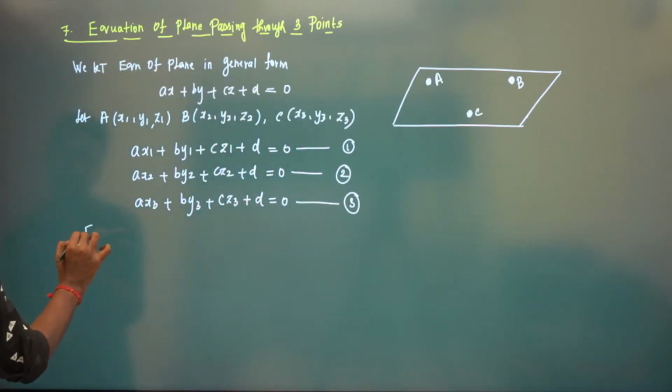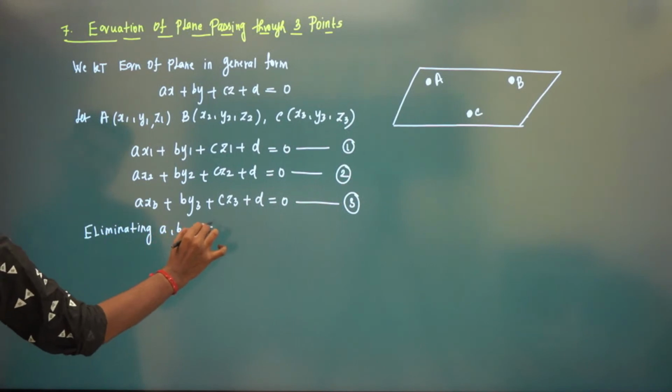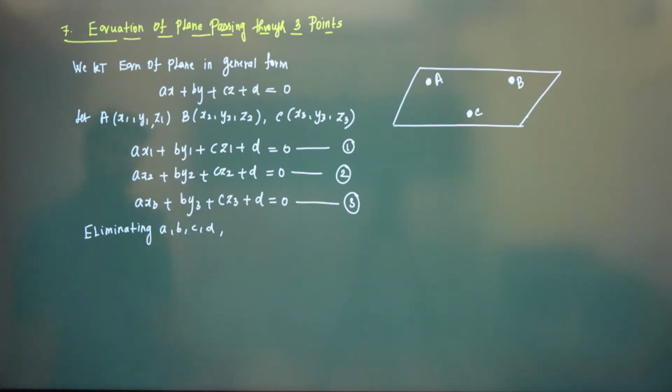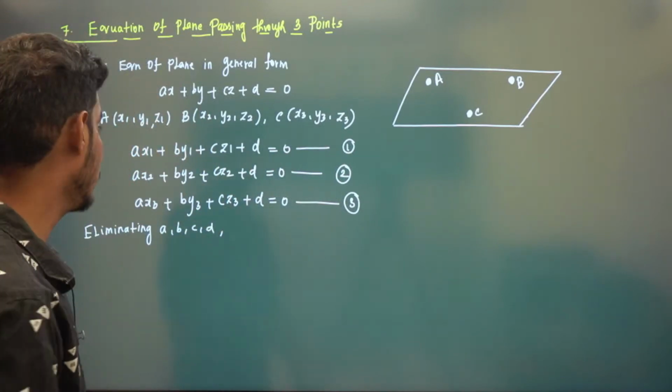Eliminating a, b, c, d, we get the equation of plane passing through 3 points. You can eliminate easily by matrix method.